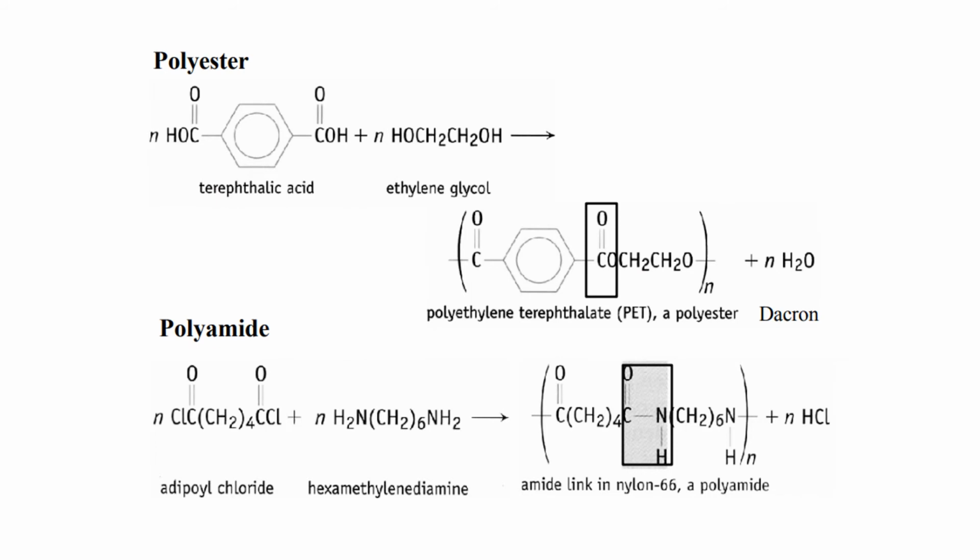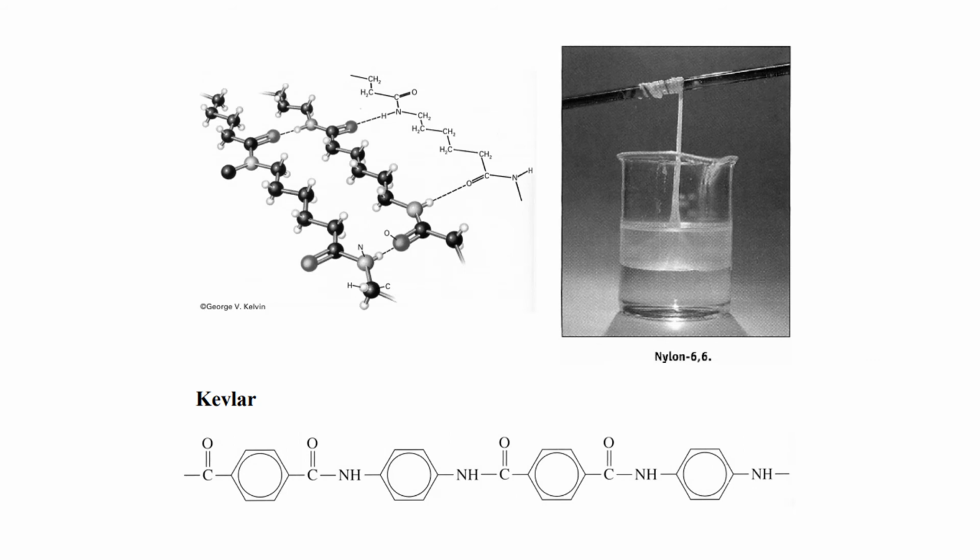So some examples then to show you. Polyester is made this way, and you can see that yields a water molecule. Polyamides are made this way, yielding a hydrochloric acid. Nylon is made this way, and interestingly, Kevlar is made this way.